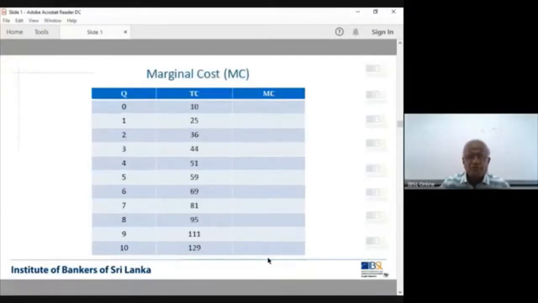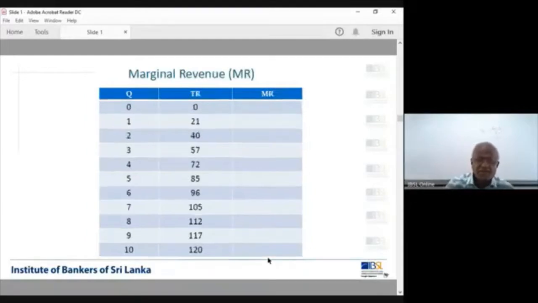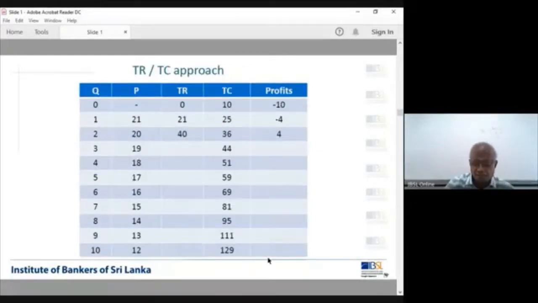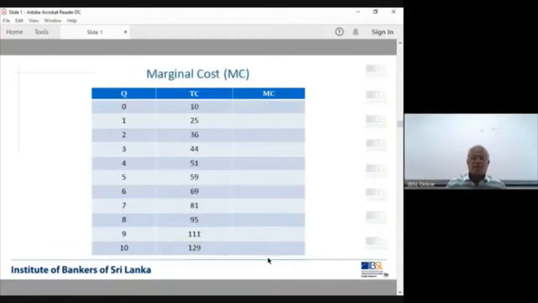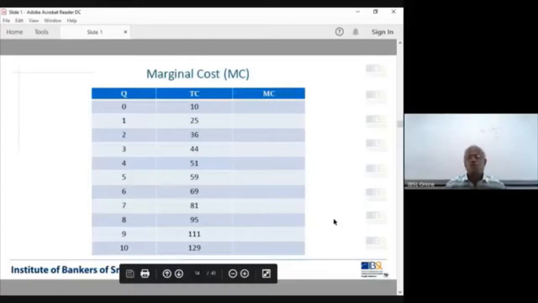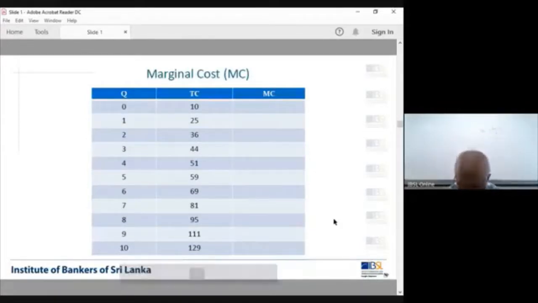Marginal revenue. Then marginal cost. Total cost is same as earlier. This total cost is marginal cost. Definition same. The marginal cost is defined as change in total cost divided by change in output.